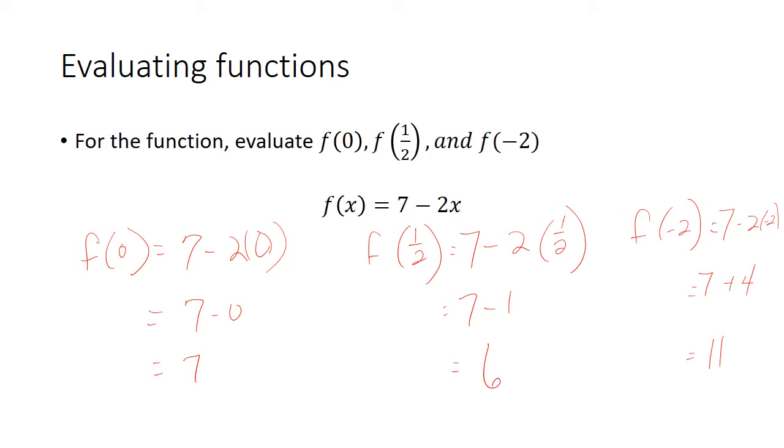So now we have points where, if we wanted to, we could go in and make a line. Our input was 1 half, our output was 6. Our input was negative 2, and our output was 11.